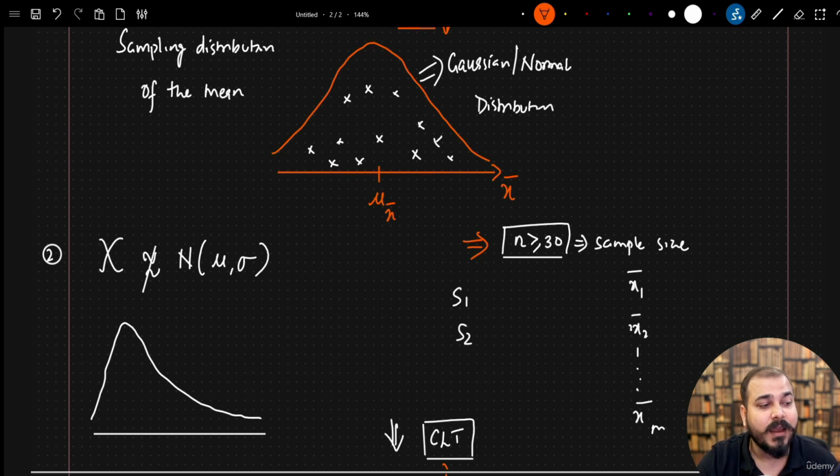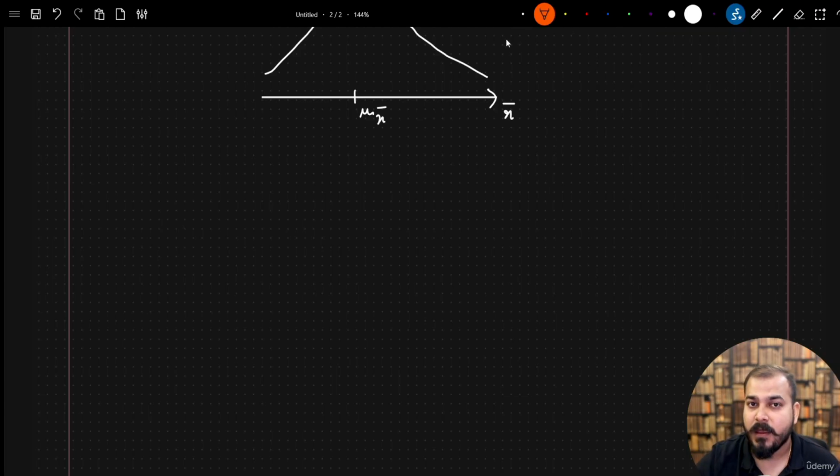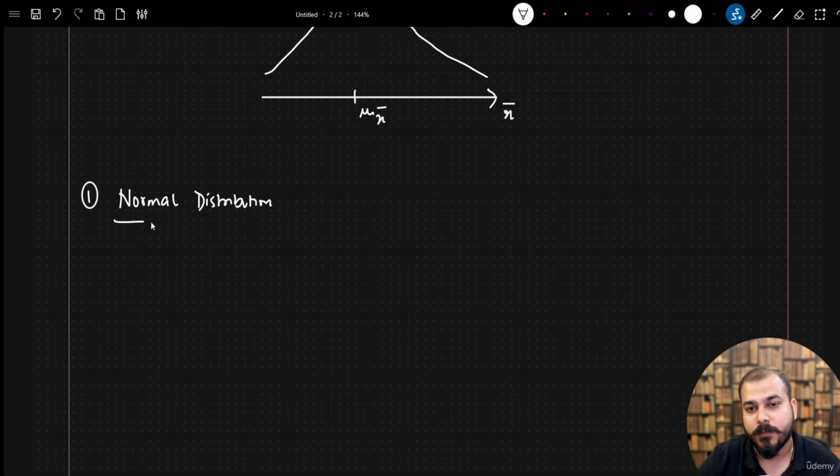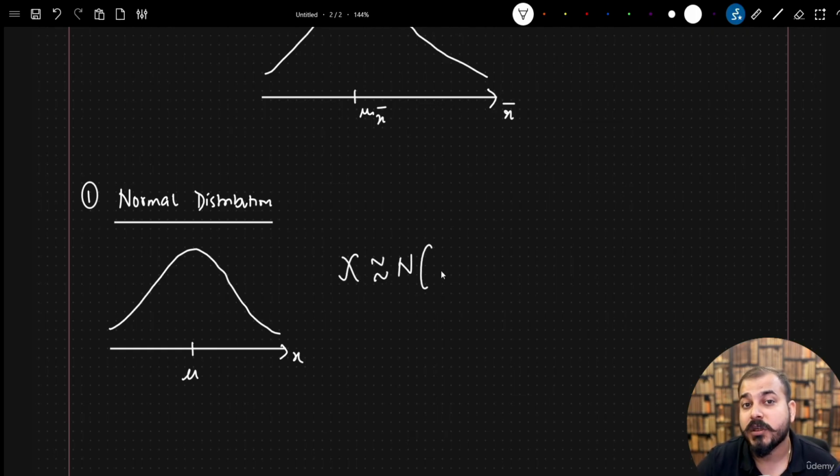Now the other thing that we can come up with is also very important. First, let's say I have a normal distribution of the population. Whenever I have this, I will get this kind of bell curve. This will be my x and this will be my mean. In this scenario, my random variable belongs to a normal distribution with some mean and standard deviation.